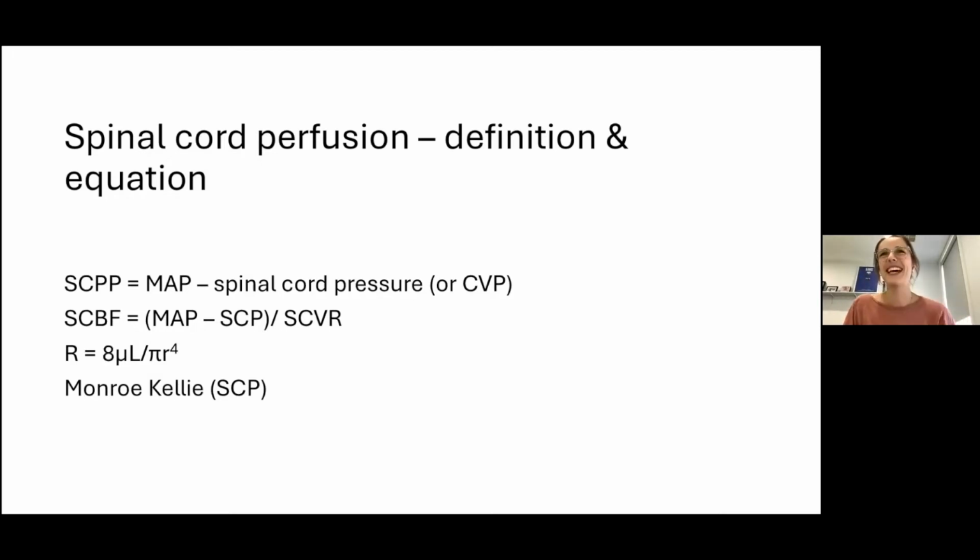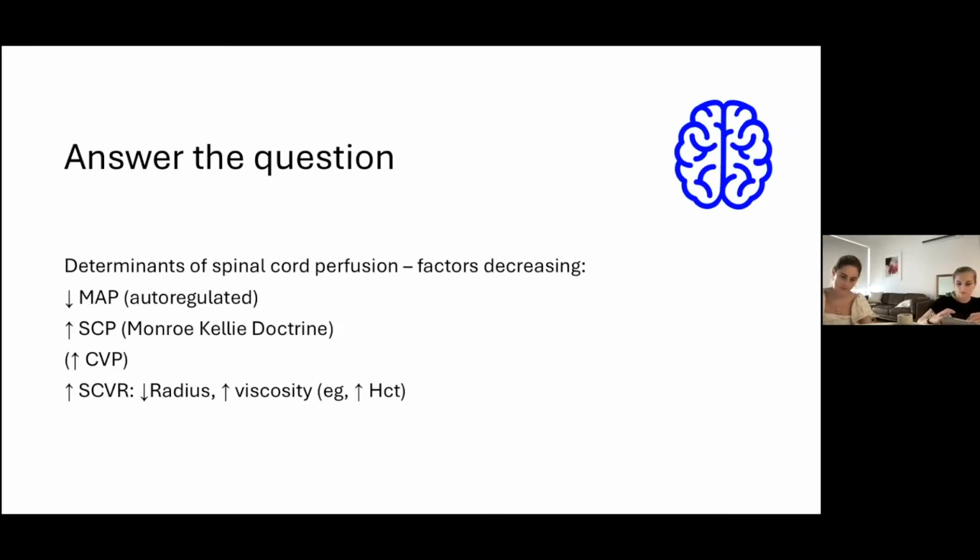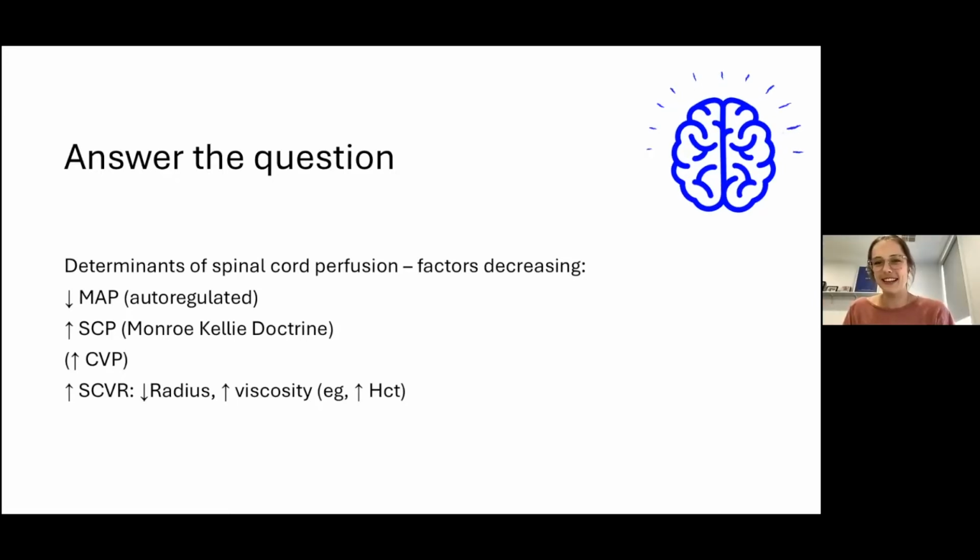and everyone didn't answer it very well. All right, so as Beck has said, the things that we need to answer this question with, our determinants of spinal cord perfusion, are factors influencing our MAP, although that is autoregulated. Then the second part of our perfusion pressure, our spinal cord pressure, which is determined by our Monro-Kellie doctrine, and we can mention CPP there as well.